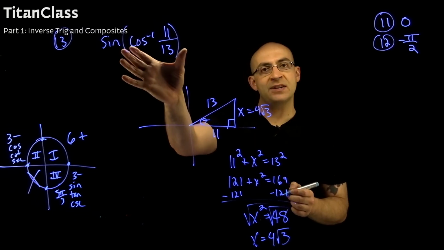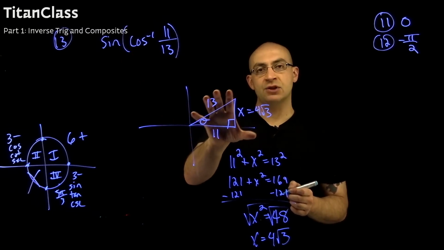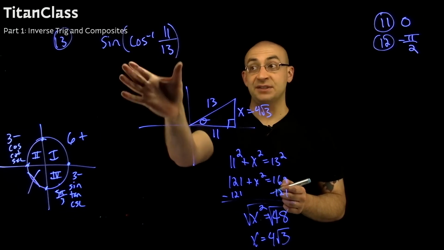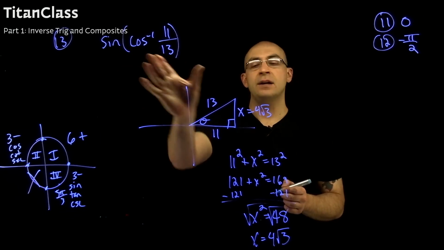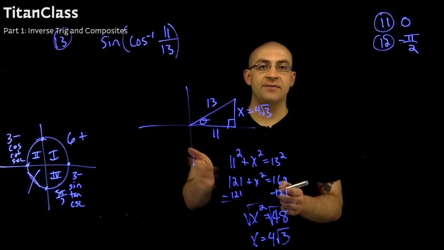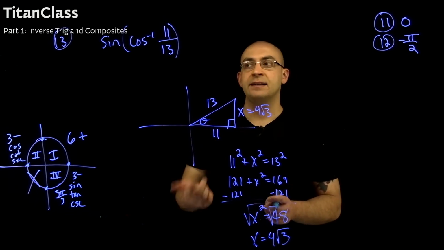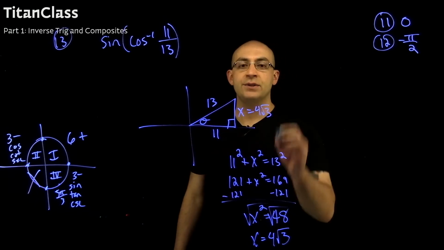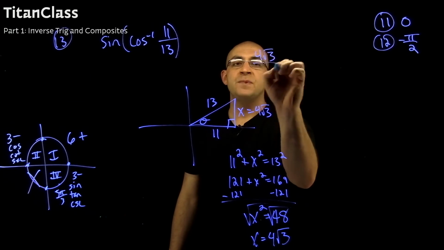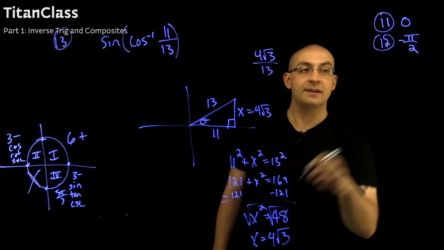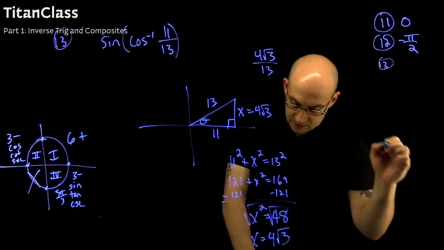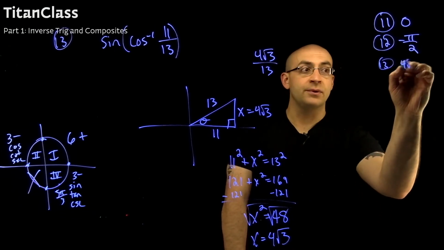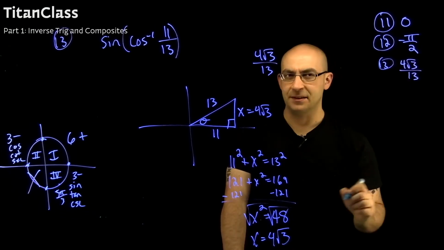Doing this right triangle and completing it satisfies the requirement for the inverse here, right? So this is done. Now I just need to find sine of theta. Sine is opposite over hypotenuse, so I'm going to have 4 root 3 over 13, final answer. So number 13 is 4 root 3 over 13.